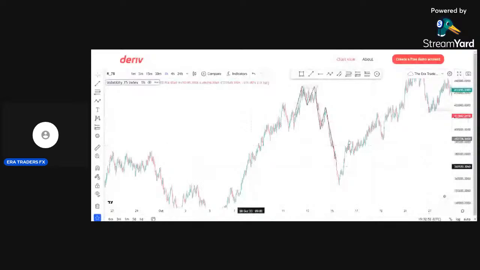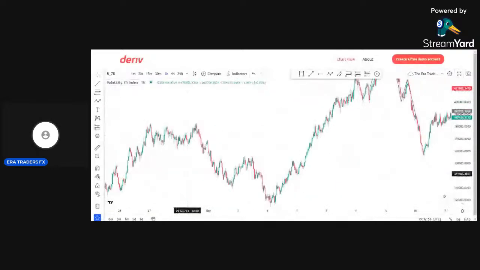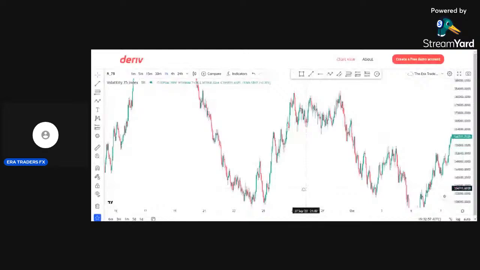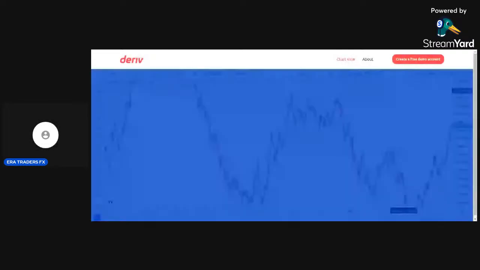Can you see it? So basically, over time we have seen that triple top, double top, they are everywhere in the market.